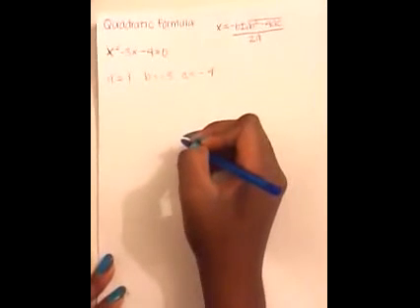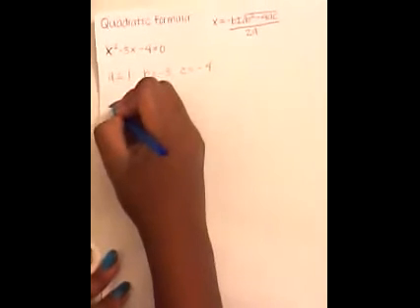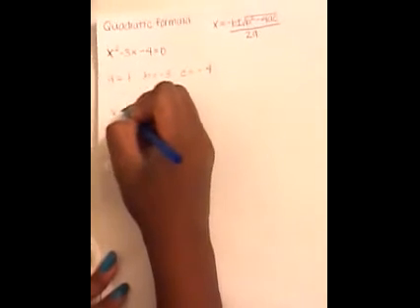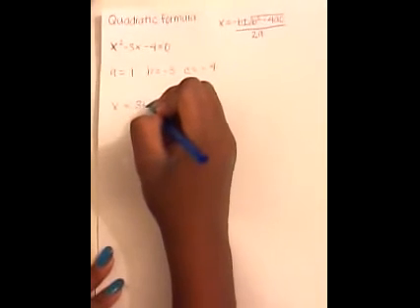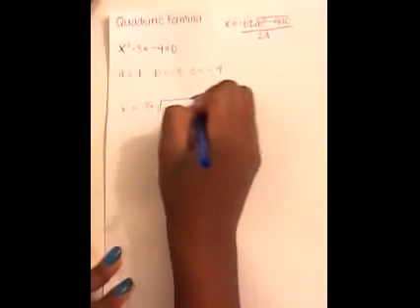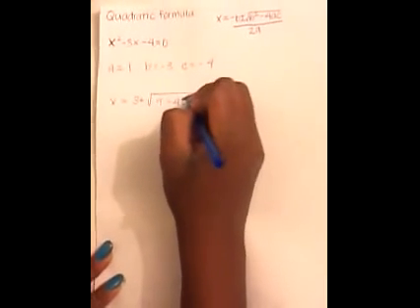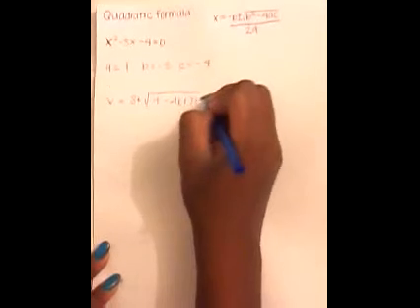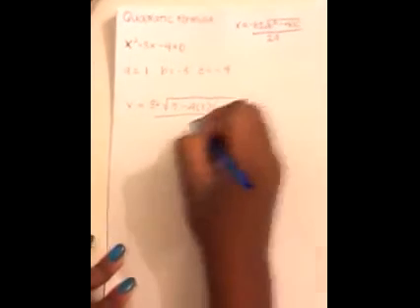So now, we'll put the variables next to the correct coefficient. So you'll have x equals 3 plus and minus the square root of 9 minus 4 times 1 times negative 4 all over 2a.